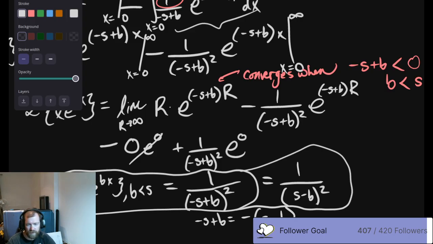Granted, that only works with even roots like that, but nonetheless, or even exponents on the inside. So you can change it around, generally speaking, because it is commutative on the reals.